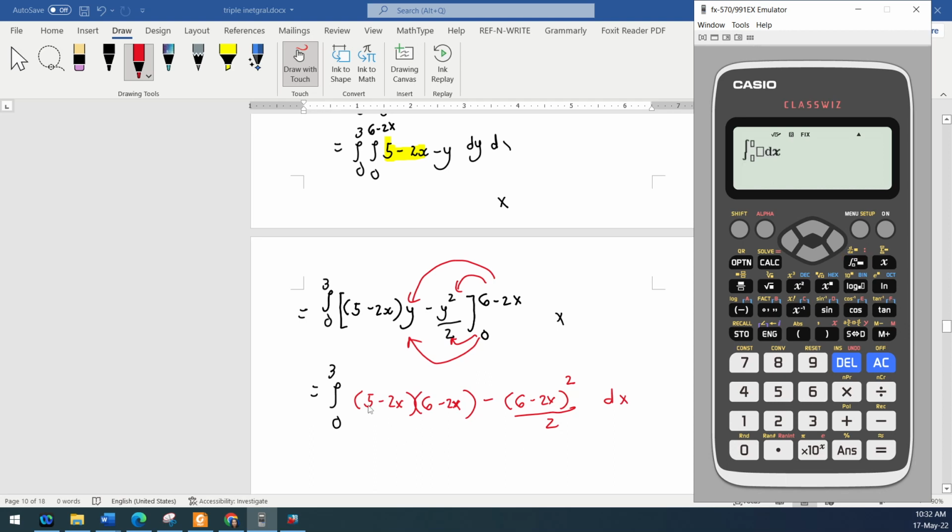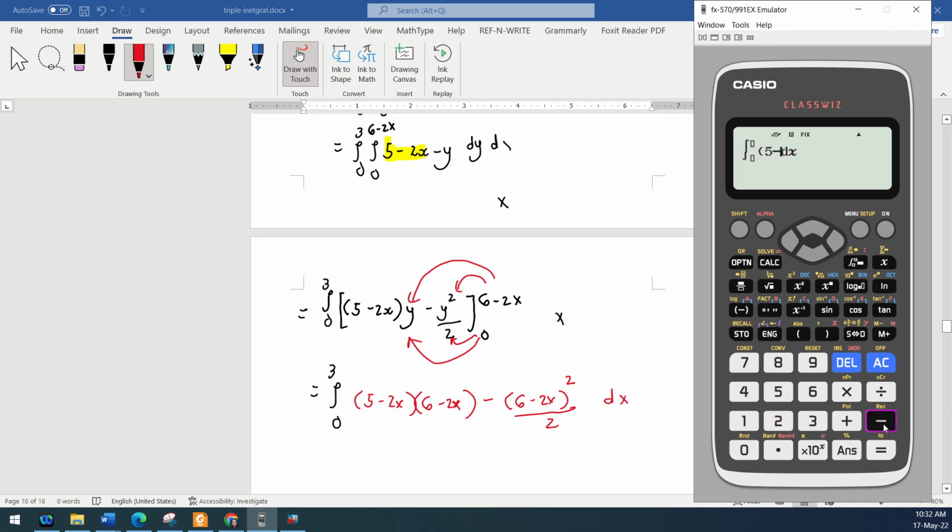Because this is 5 minus 2x, this is 6 minus 2x, we cannot group it together like question 2a just now.